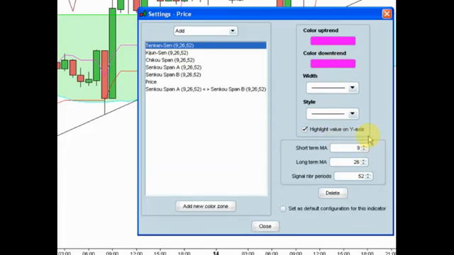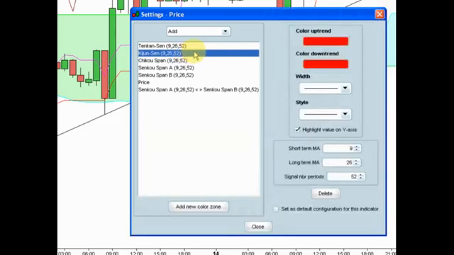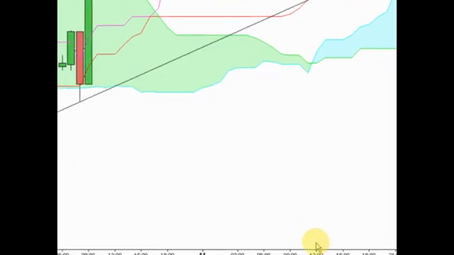Now the Tenkan is very similar to a 9 moving average. Okay, the Kijun, the red line, is very similar to a 26 moving average. So just remember 9 and 26.